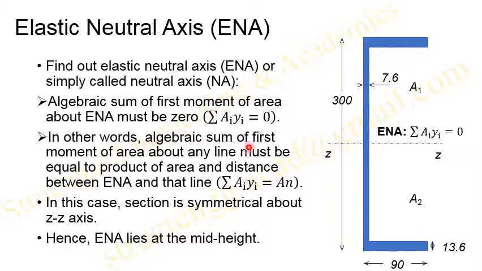The algebraic sum of first moment of area about any line, let us say this line, must be equal to the product of area and the distance between ENA and that line. So the first moment of area of all the area segments about this line must be equal to the whole area multiplied by this distance n between ENA and this line.